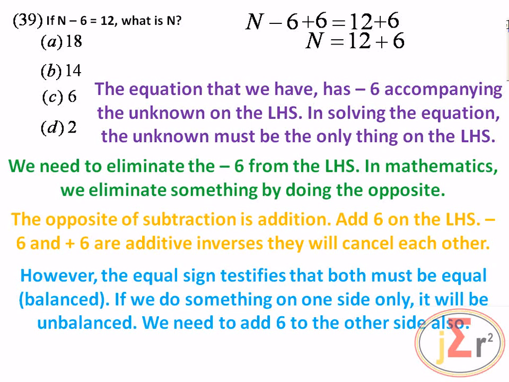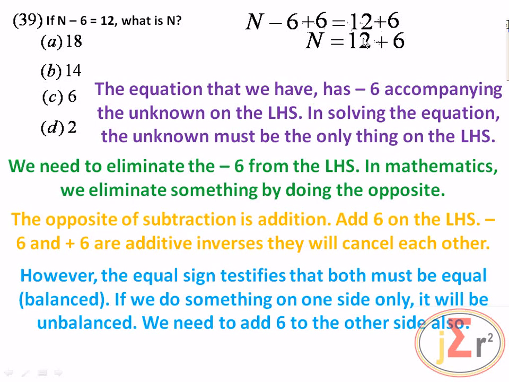Any number we add 0 to will result in that same number. So actually, minus 6 plus 6, that's 0. 0 added to this n will just be n. But do not forget that when we added the 6 to the left-hand side, we had to add 6 to the right-hand side also.